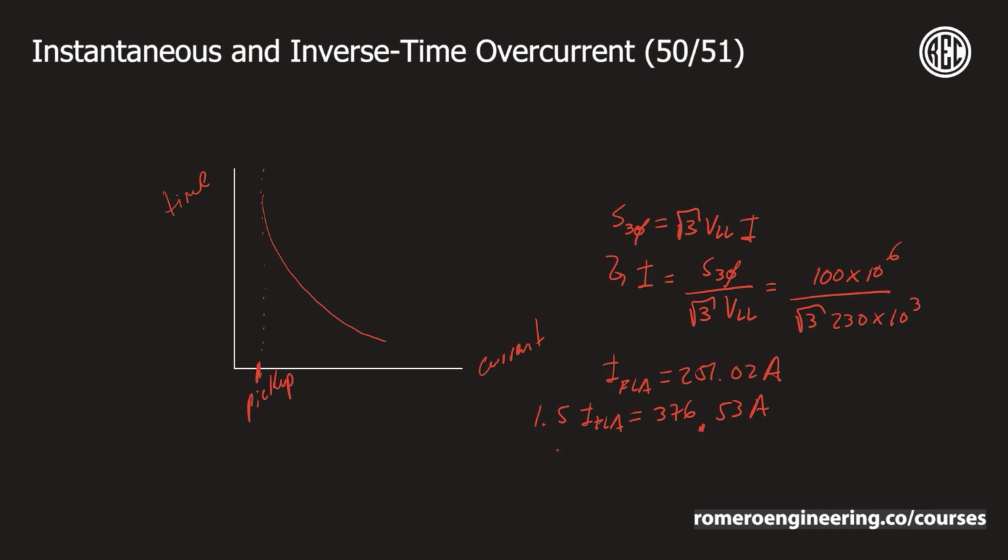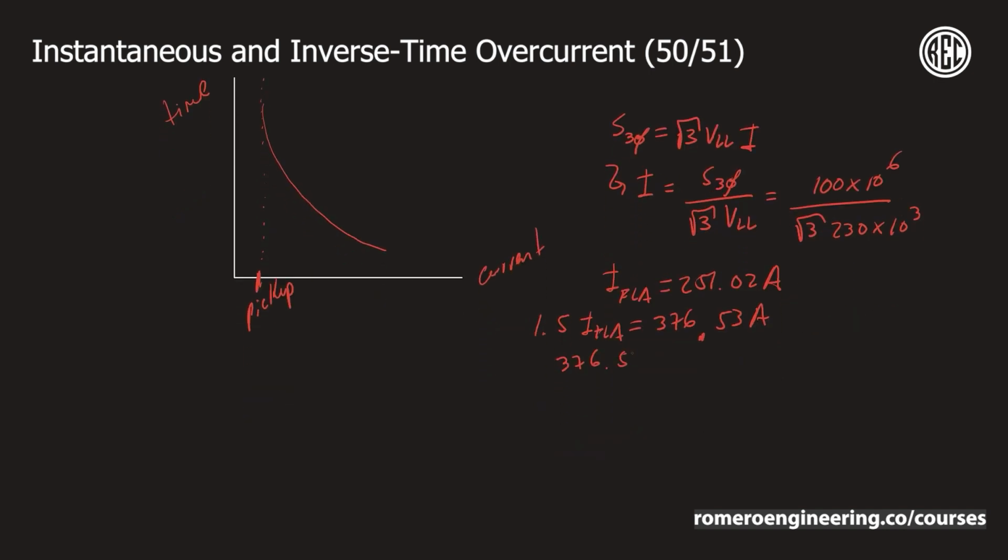So I can take that number, 376.53 amps, and divide that by 400 to 5. That gives me that the current in secondary amps terms is going to be equal to 4.71 amps secondary.